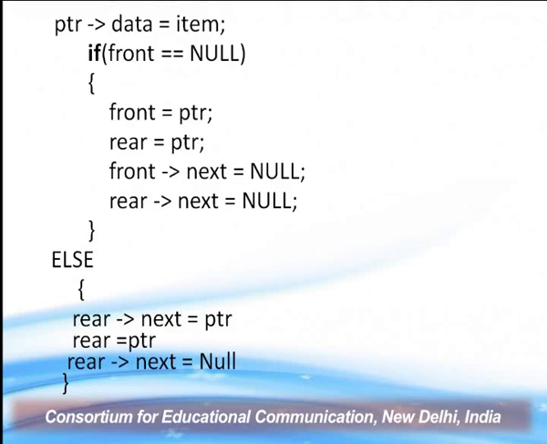If front equals null, this PTR will be pointing towards the only node, and so will your front and rear both. So, front equals PTR and rear equals PTR are here to ensure that front and rear both are pointing towards that only element, and next of front as well as next of rear are null because there is no other element in the queue.